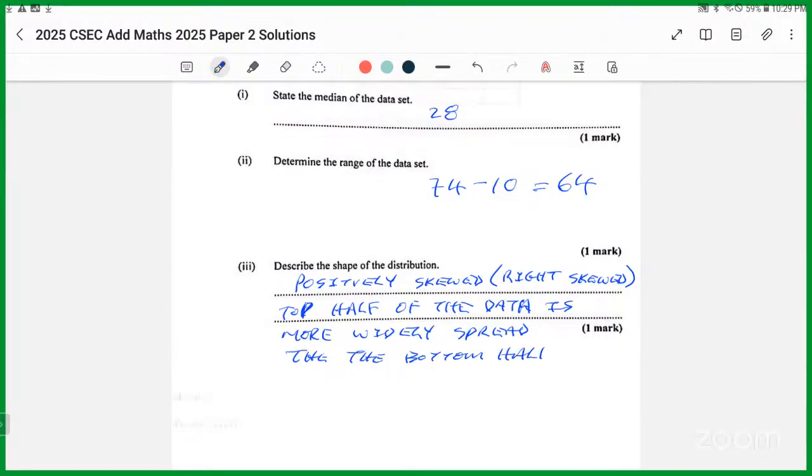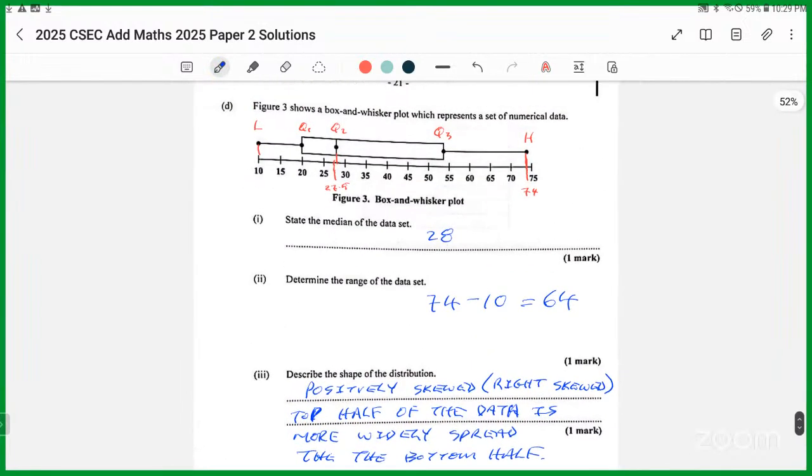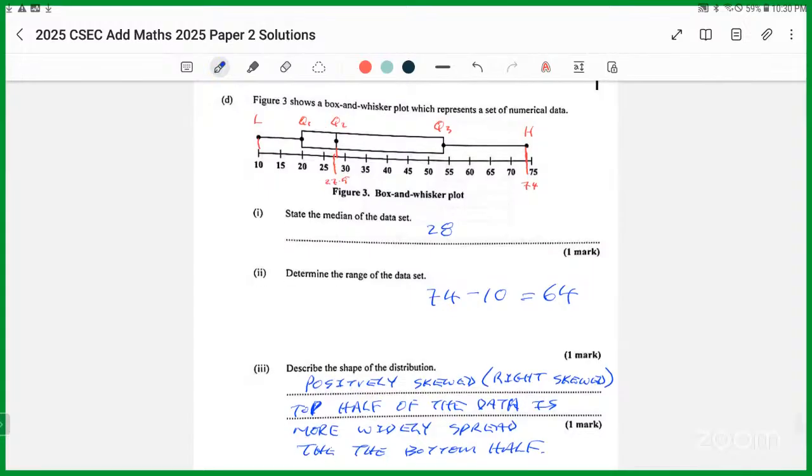What's the answer? The second 50% of the data is more widely spread than the first 50% of the data. All right, that is that.